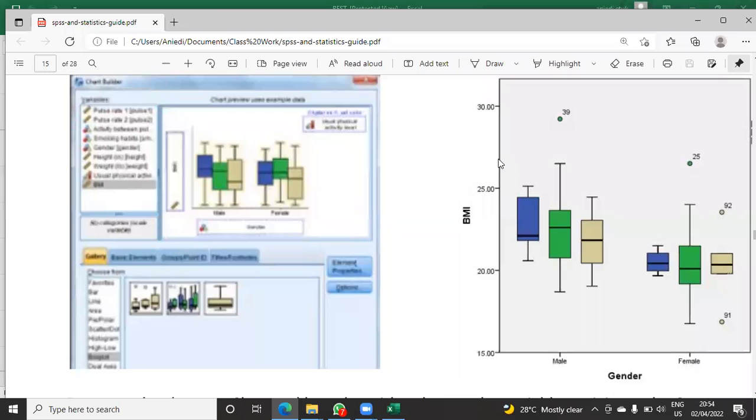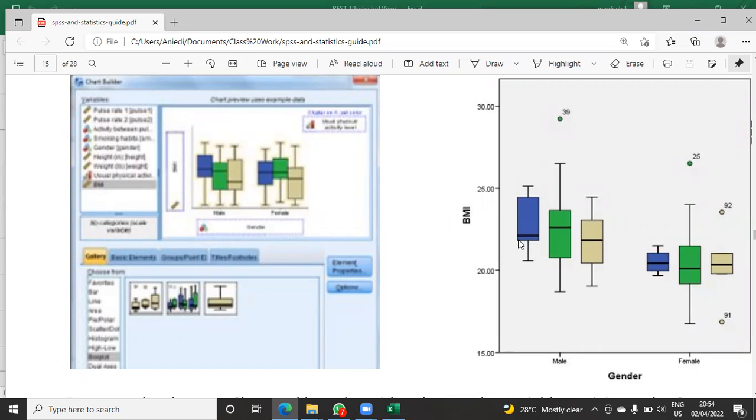up to 20 something. So they now put their BMI, body mass index, the minimum, the maximum. Then in between them, inside the box, we have the first quartile, the interquartile, and the third quartile.